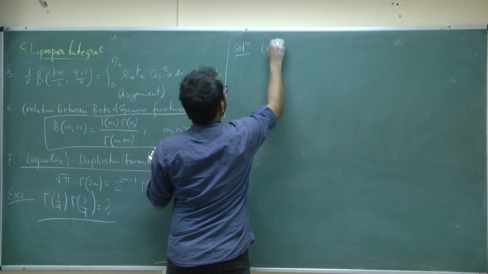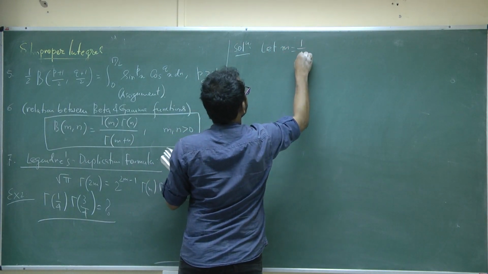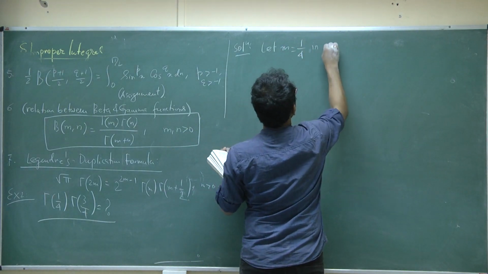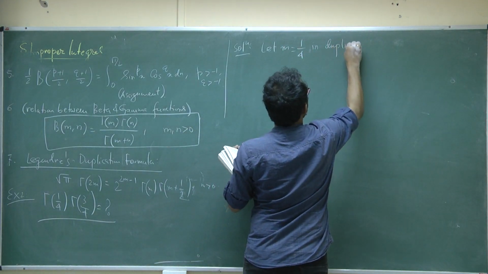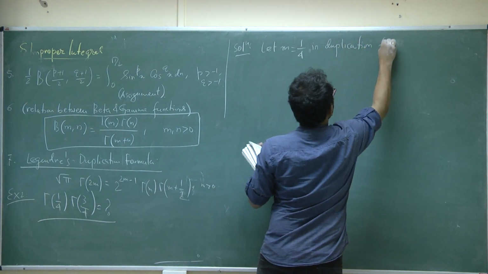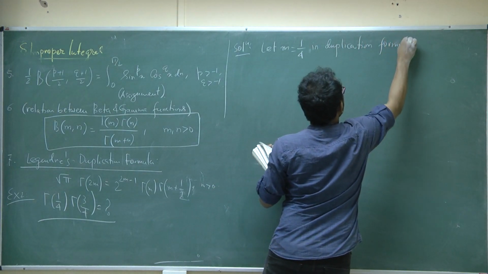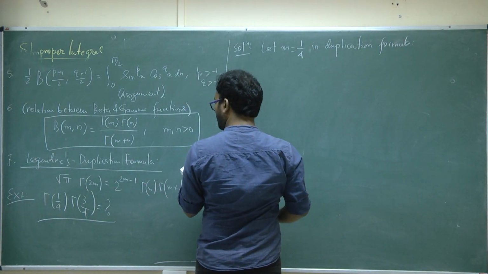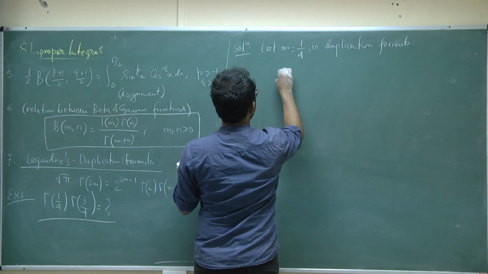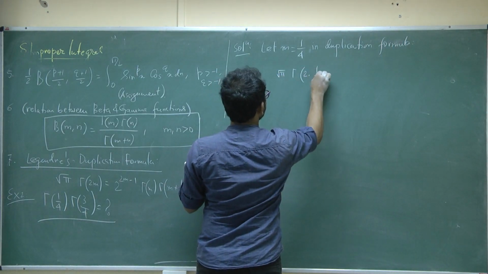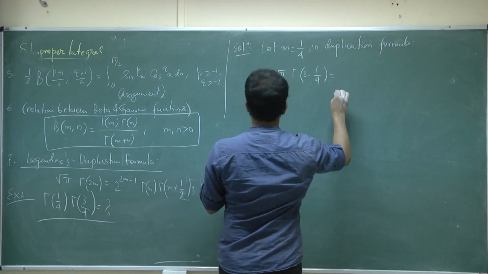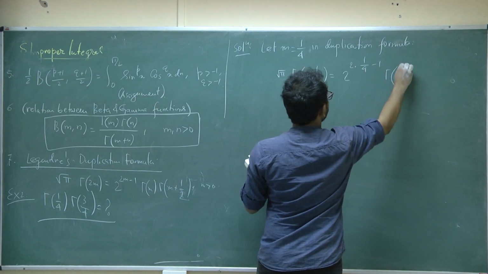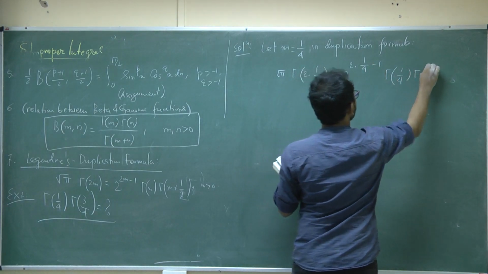So let us take m equals 1 by 4. If I take m equals 1 by 4 in the duplication formula, then my formula will reduce to square root of pi gamma 2 times 1 by 4 equals 2 to the power 2 times 1 by 4 minus 1, gamma 1 by 4 and gamma 3 by 4.